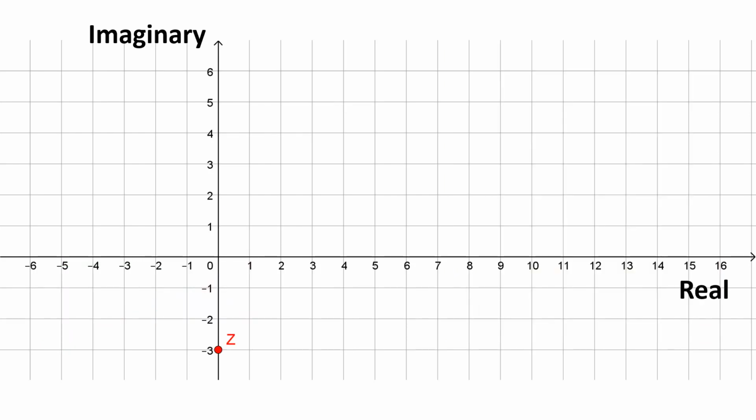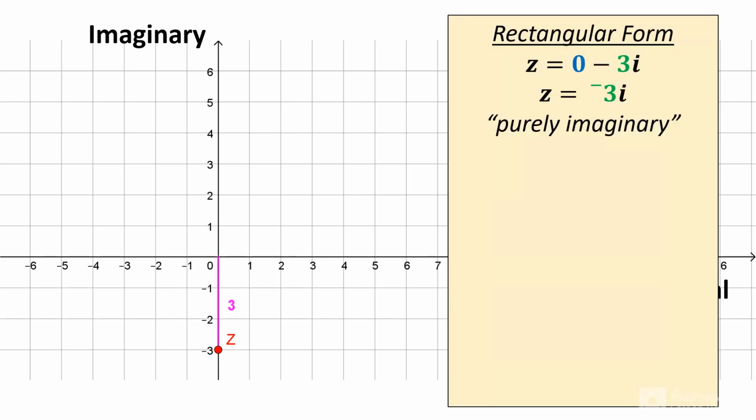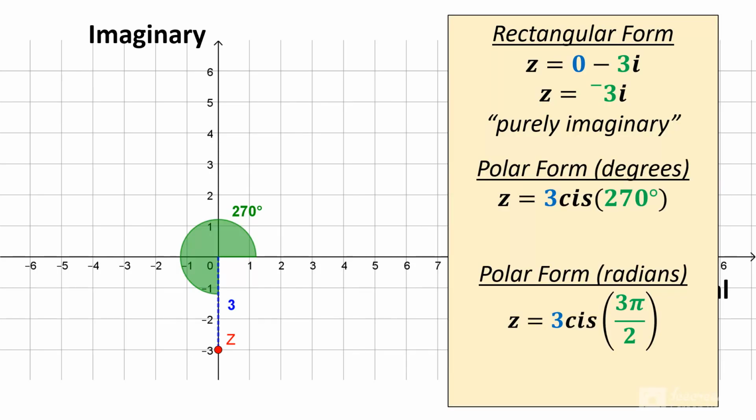If we have complex numbers sitting here on the imaginary line again, it's purely imaginary, so z is equal to -3i, and we have in the polar form 3 cis 270 degrees, or again, we could work clockwise and make it -90 degrees. So just be mindful, anti-clockwise is positive, clockwise is negative angle.